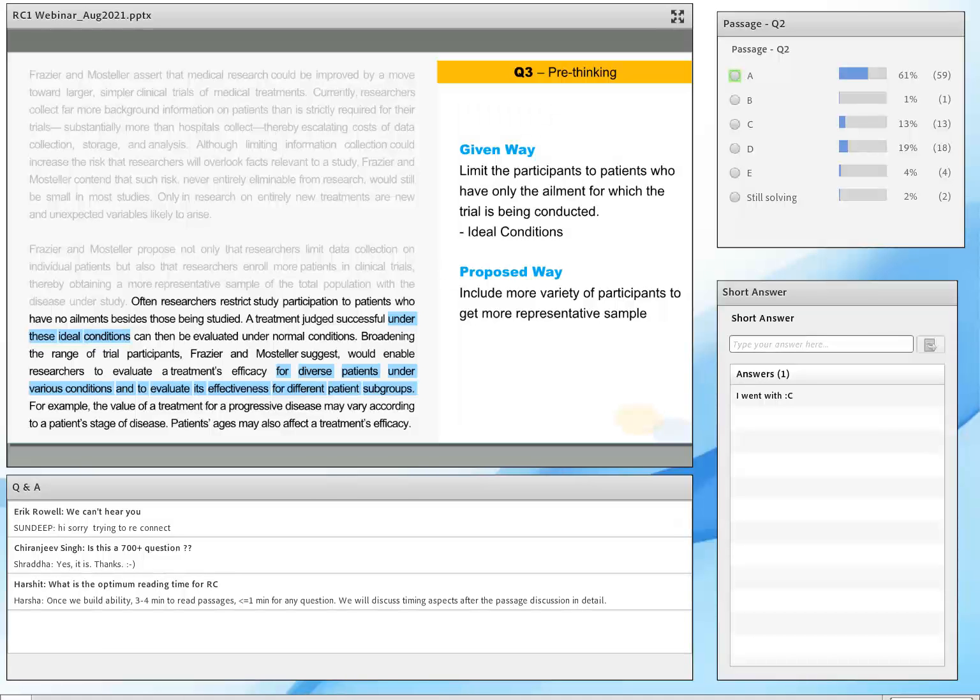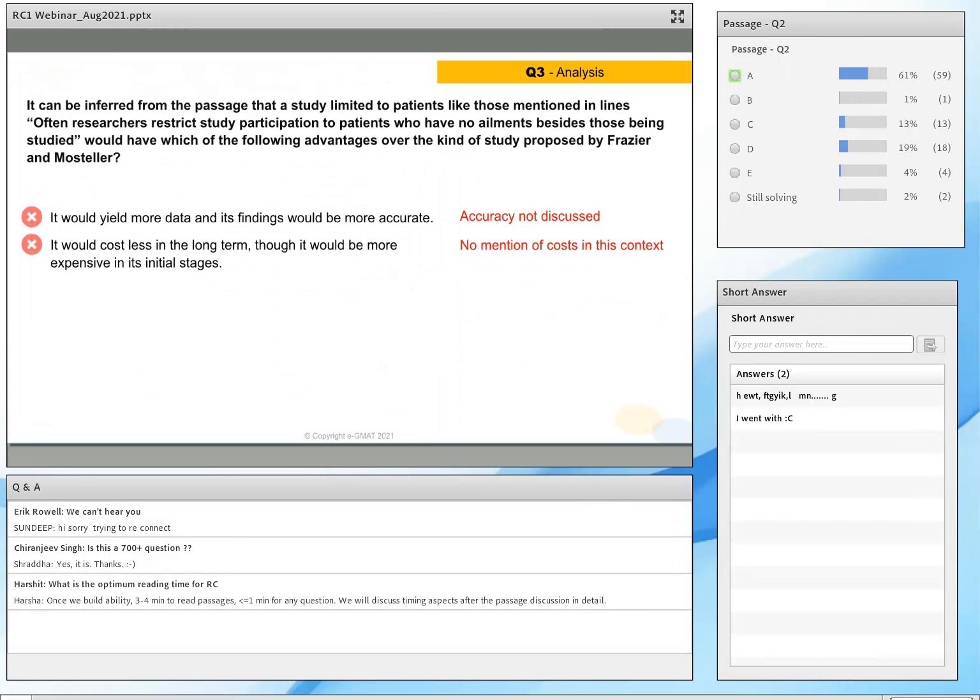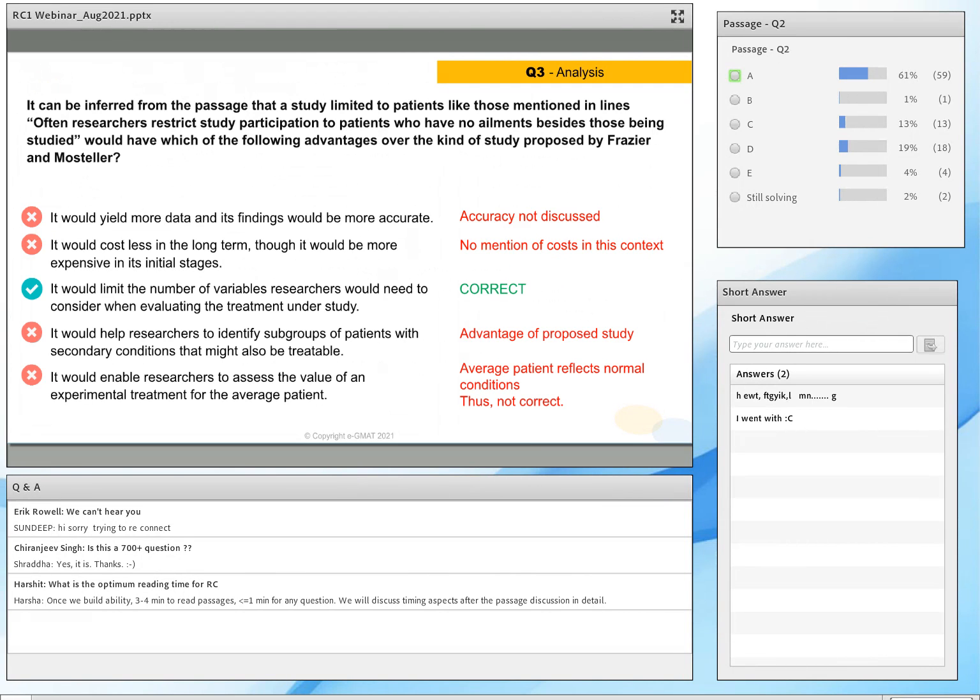But if they include a lot of people with all sorts of diseases and problems going on, then probably they will have a lot more data to look into. So the current clinical trials have a plus point that they don't have too much data to look into when you have limited the subject of your trial. This is the only so-called advantage we can think of given in the passage.